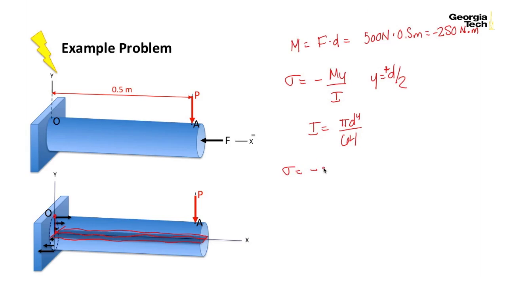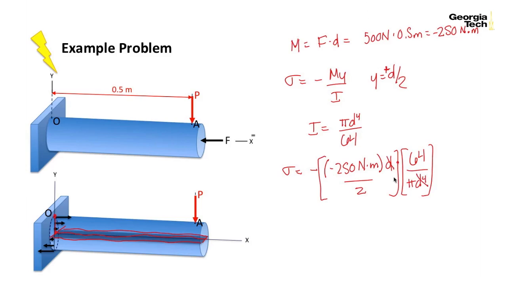So then we go ahead and plug all of this in, being sure to keep track of the signs. So negative times negative 250 Newton meters times d over 2, and this times the reciprocal of I, which is 64 over pi d to the 4th. So what we see is that these d's cancel.